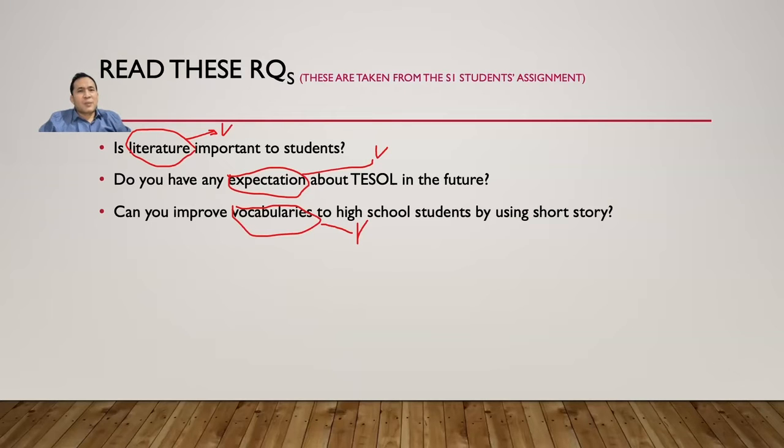Do you have any expectation about this in the future, for example? This is also a very broad question. So what I mean by a question in research is a question that should be specified into several points. In this case, you have to look again at your core issue.